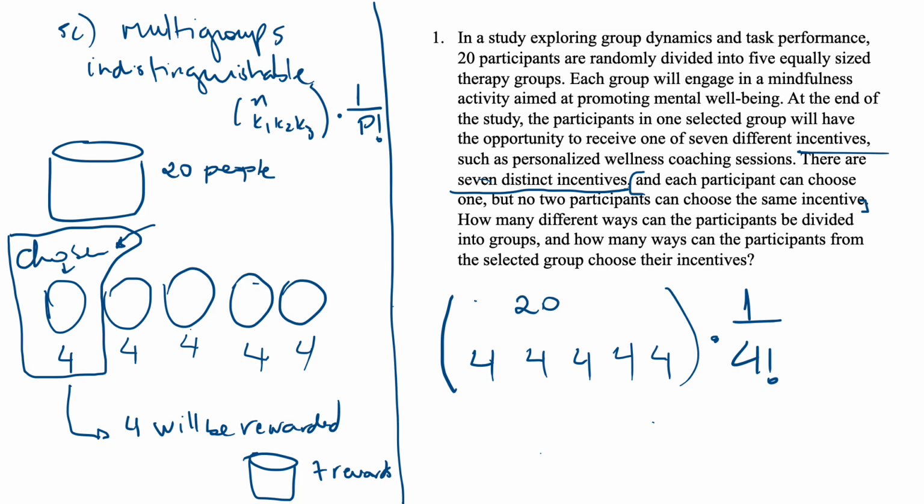Meaning that if you have 7 rewards, R1, R2, R3, R4, R5, R6, and R7, if you select one of them, you can't select it again, right? So this brings us to where? Selection with or without replacement?